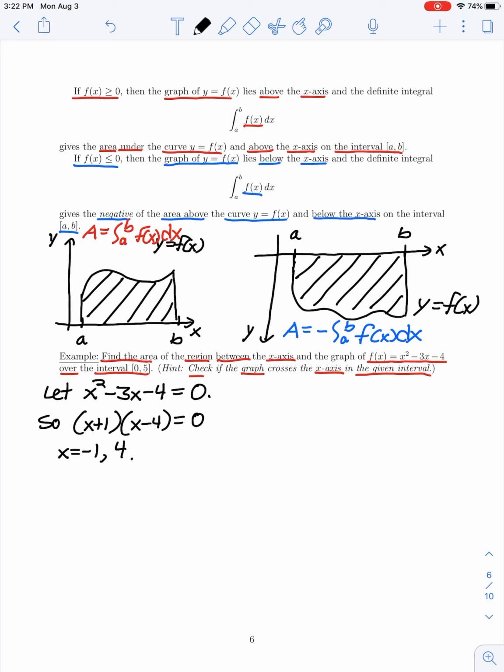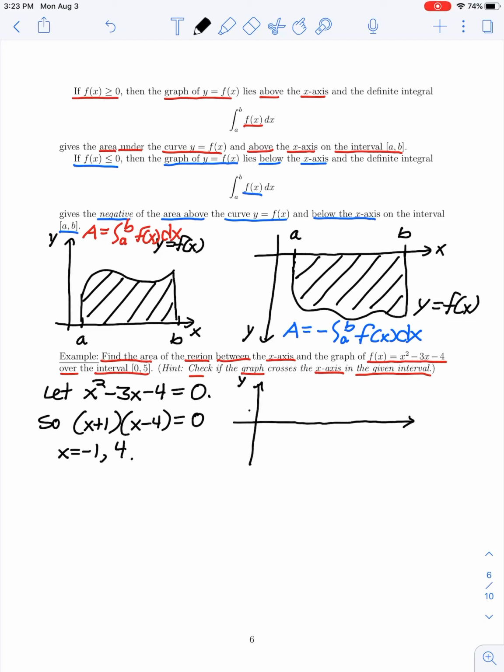Now we're only interested in this function over the interval from 0 to 5. So let's look at our function here. We were told that our function is quadratic, so we know it's shaped like an upward opening parabola.